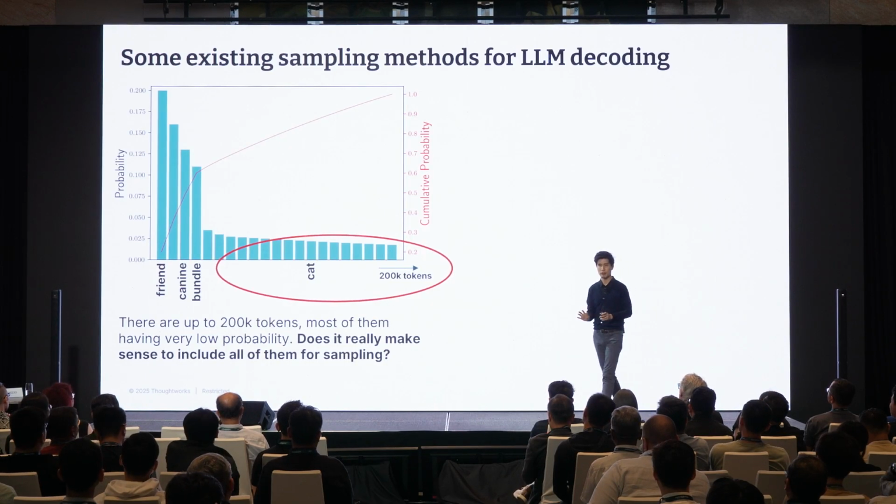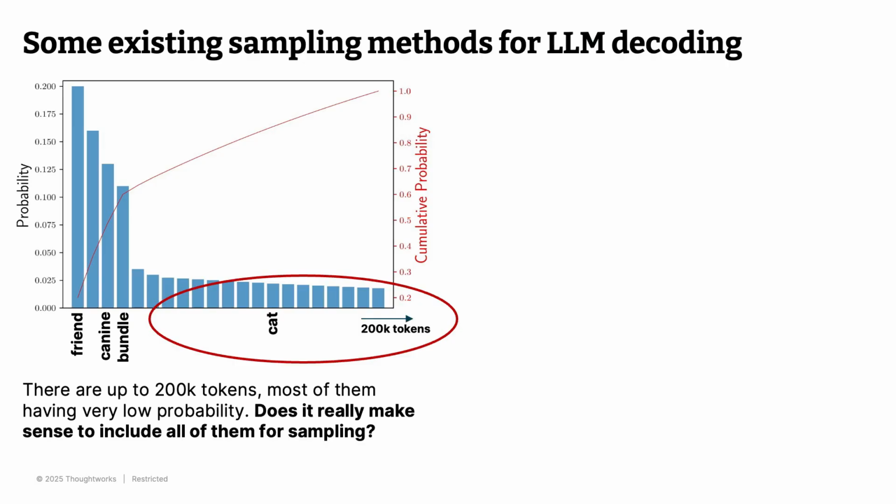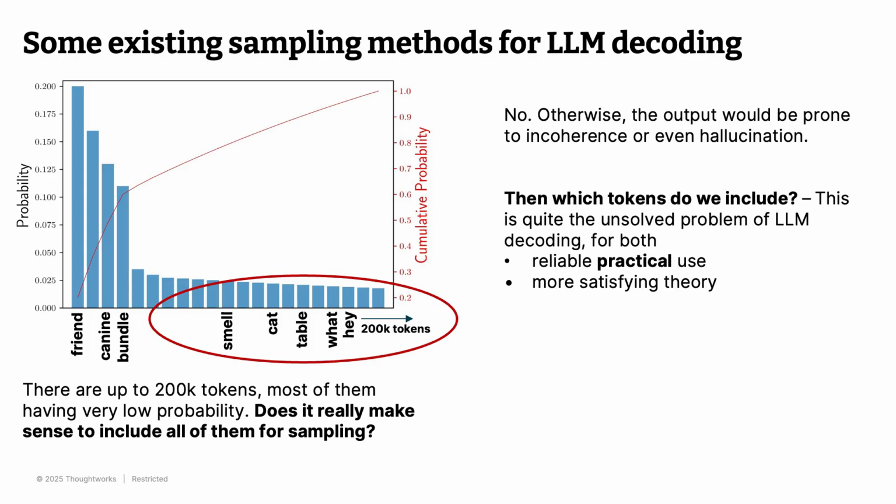That is the very big question that we need to ask ourselves. Smell, table. A dog is a smell, is a table. And lots of these tokens in the vocabulary. And it turns out that no, the answer is no.